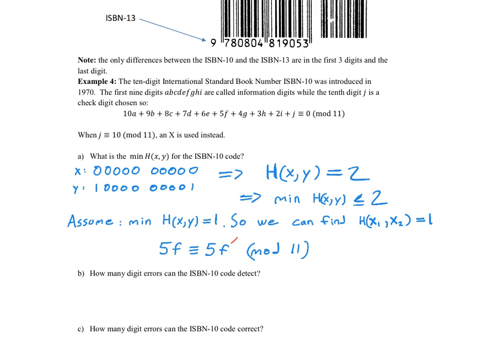So from here, let's think about this congruence. Because we're working in Mod 11, and 5 is relatively prime to 11, we can use the cancellation law. We can cancel out the 5 on both sides of this congruence. And what we're left with is F is congruent to F prime.